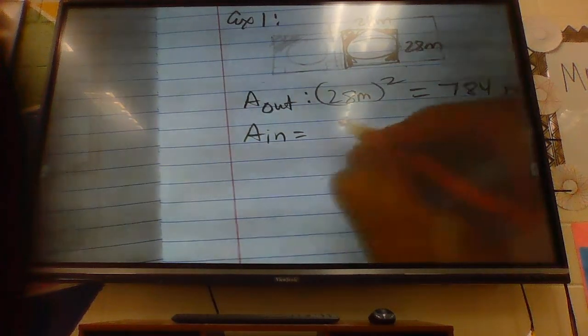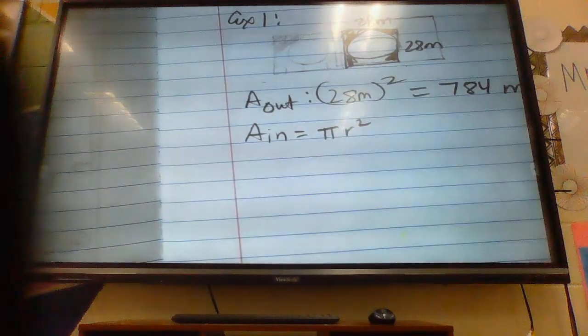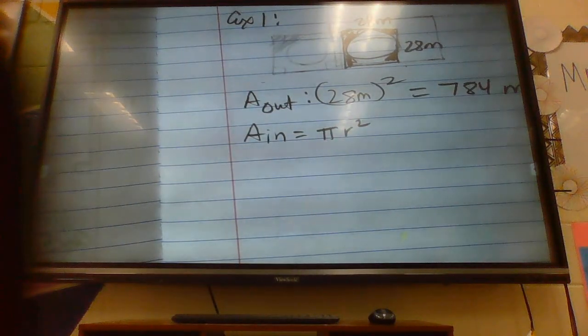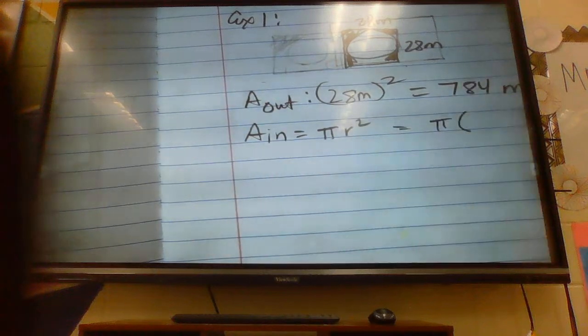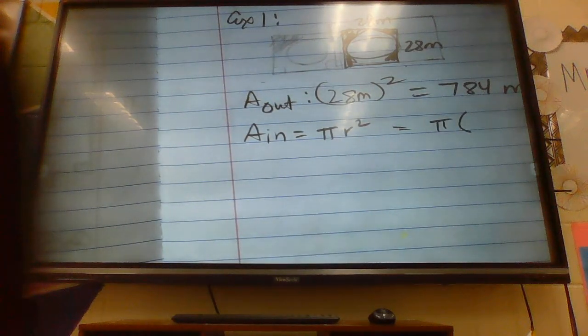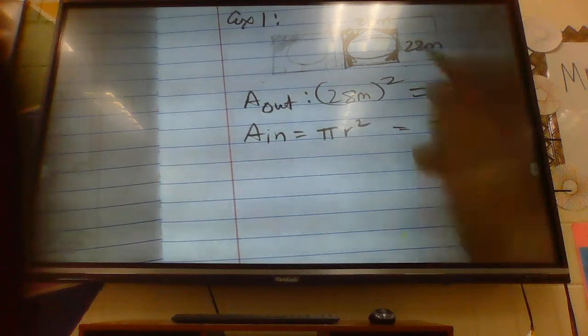Pi r squared. What is r going to be, Madison? I'm a little bit confused. Okay. Addison. 14. Right?